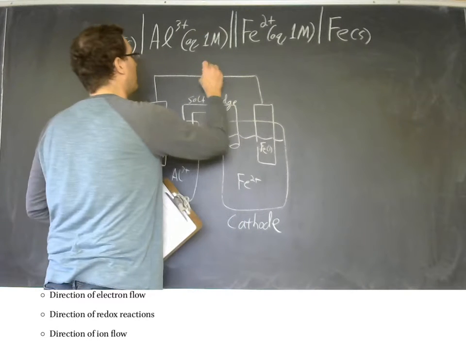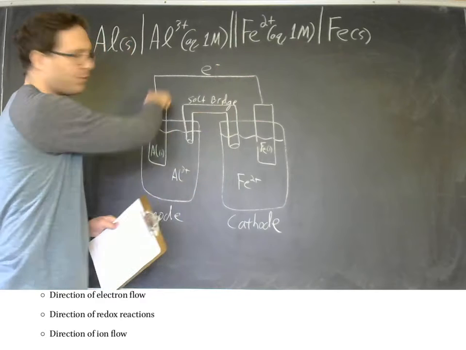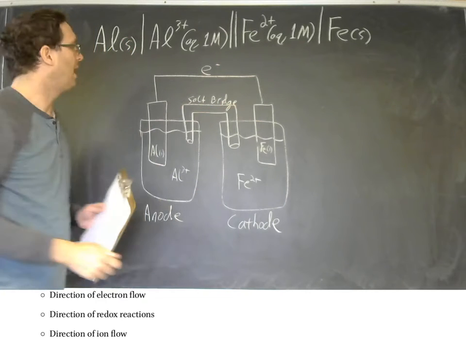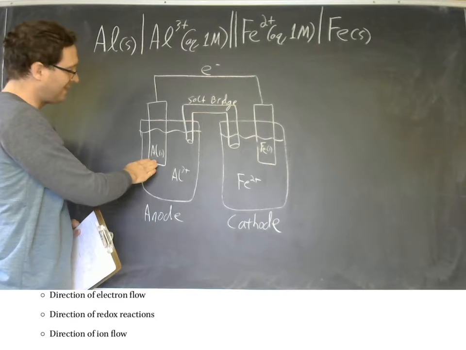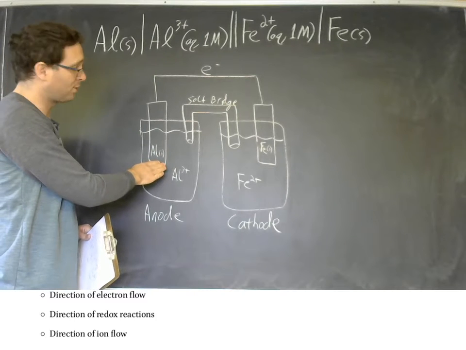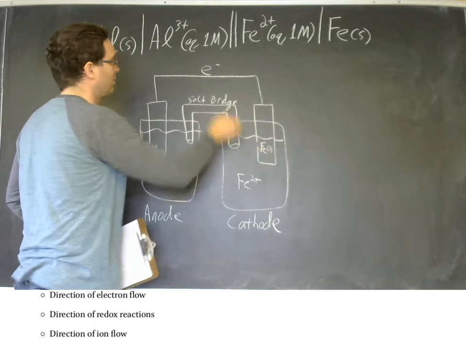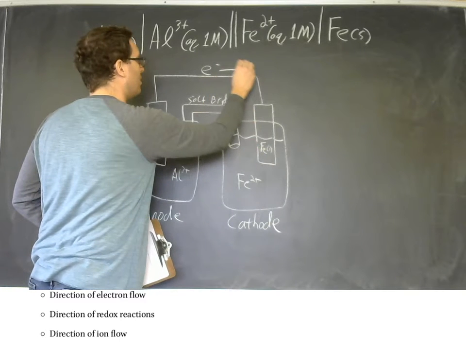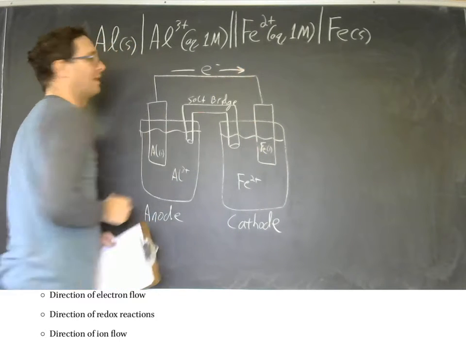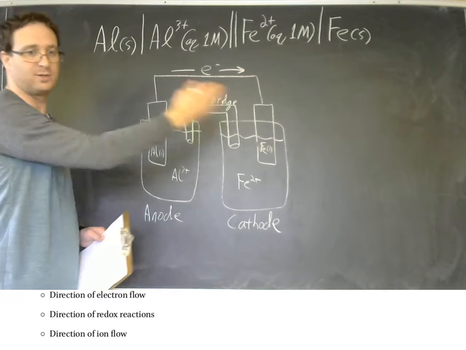Oh, the direction of electron flow. So the electrons are going to flow through the wire that connects the anode to cathode. Oxidation is occurring here, so the electrons are being lost from here. Reduction is occurring here, the electrons are being gained, and so those electrons must be flowing in that direction, from the anode to the cathode.